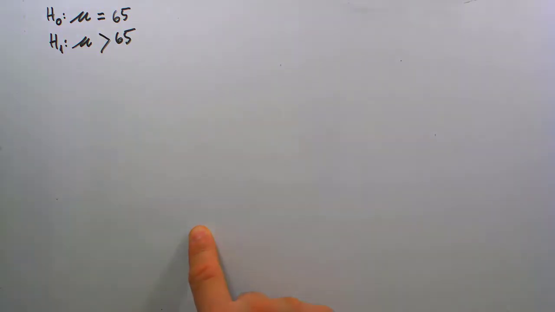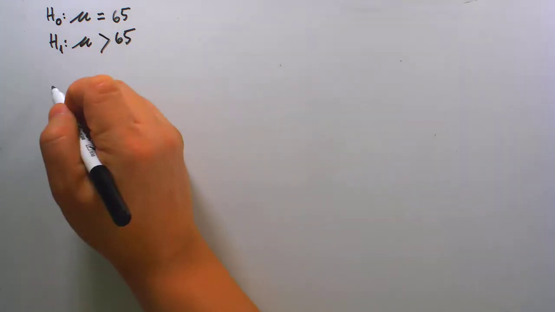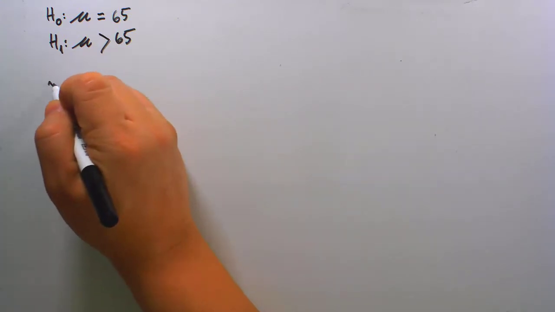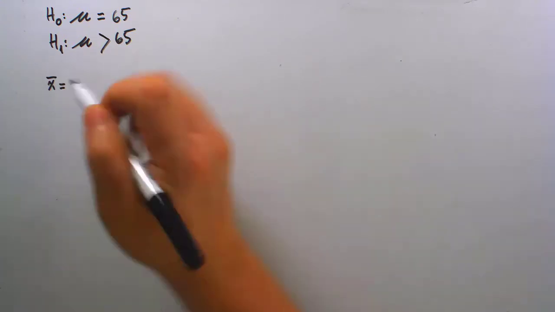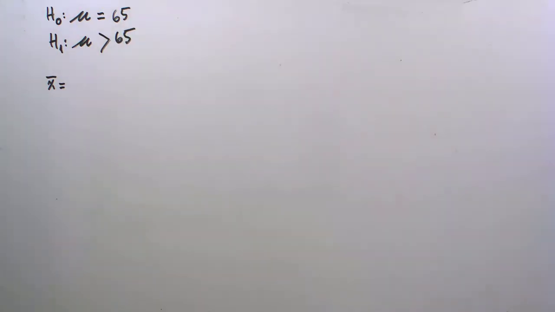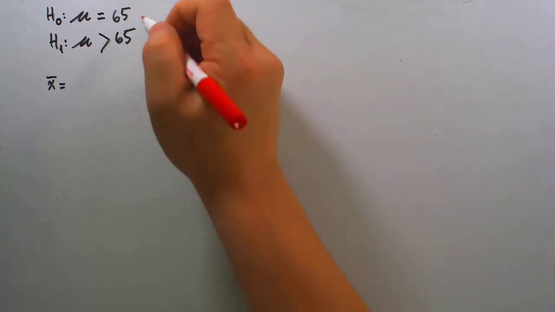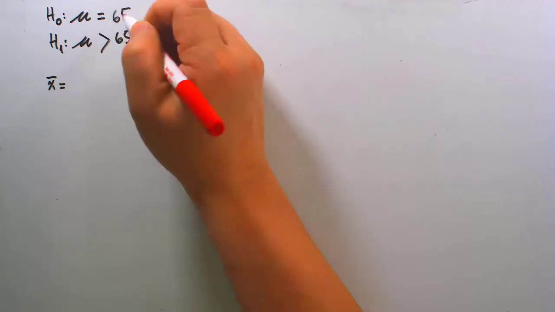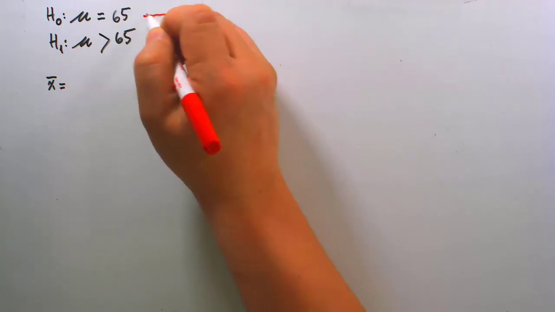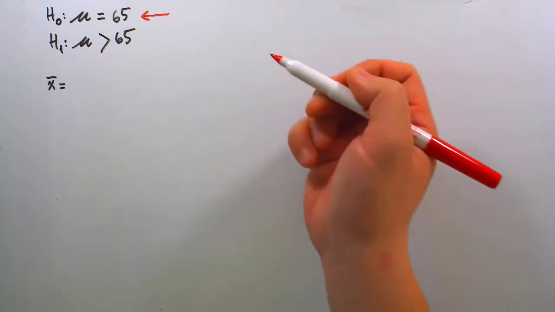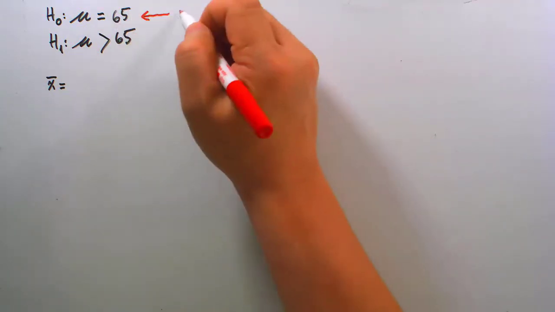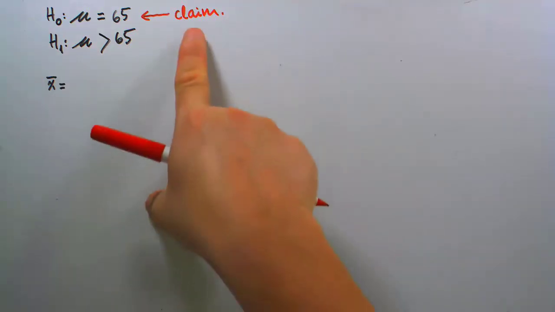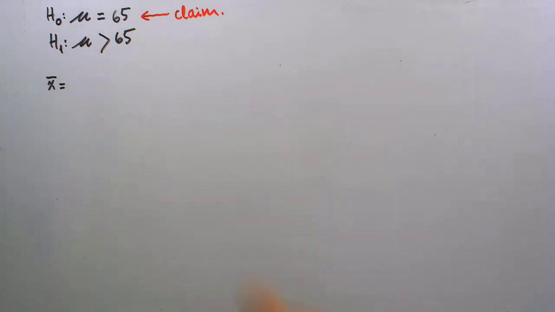But now, as far as the sample, after seeing the claim in the null hypothesis, and here I have to emphasize what's being stated in the null hypothesis, the value being 65, before proving it to be truthful or must be rejected, this value is a claim. So H0, the null hypothesis, always brings up a claim, a claim about the population mean value.